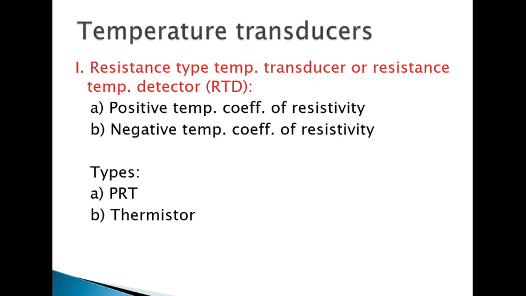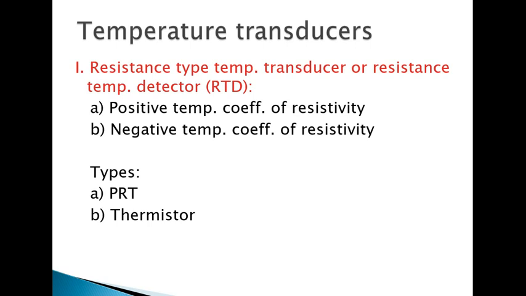The first transducer that we have to see is the temperature transducer. We have seen the definition of a transducer. What is the definition of a transducer? A transducer is a device which converts a physical quantity into an electrical signal. So what will be the definition of a temperature transducer? A temperature transducer is a device which converts temperature into an electrical signal. Okay.